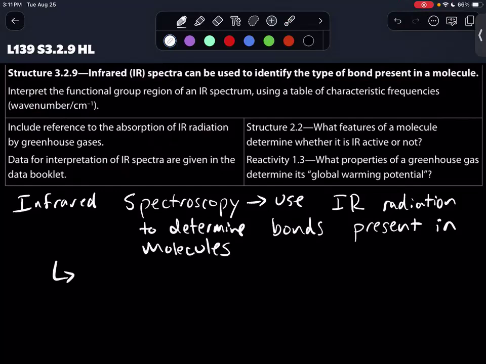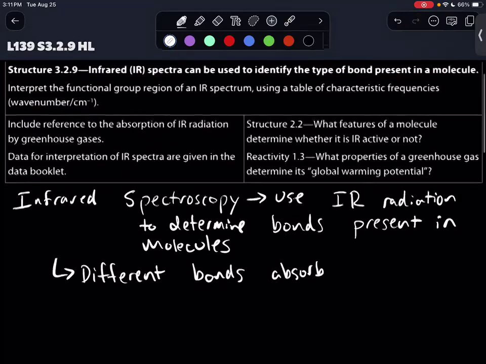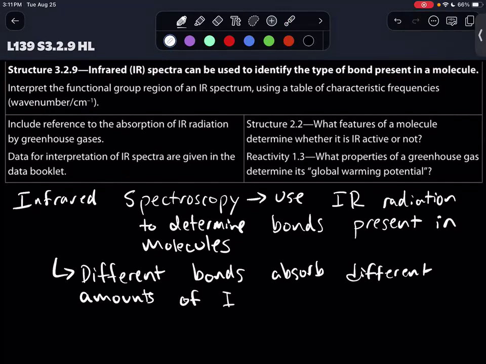Well, turns out that different bonds, and all bonds are quite different, but different bonds absorb different amounts of IR and different wavelengths of IR as well.